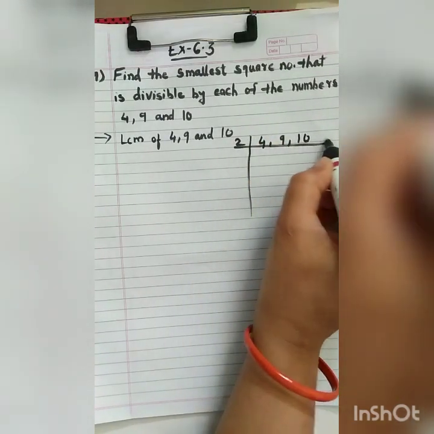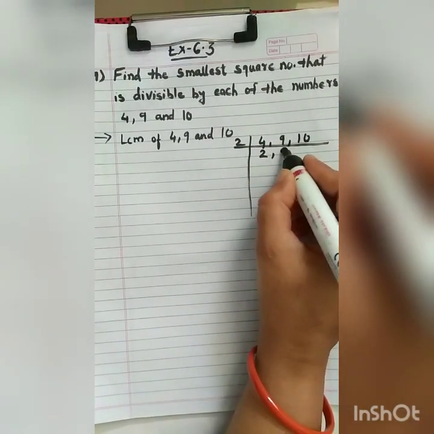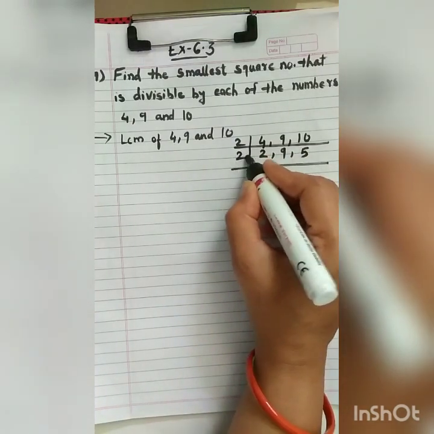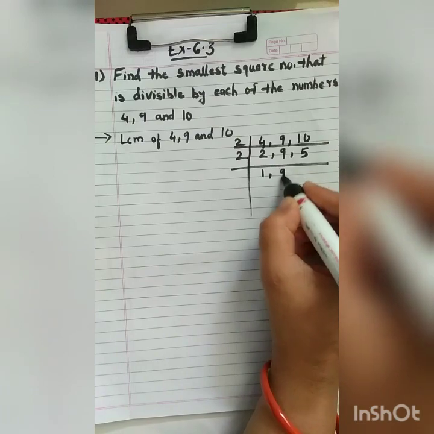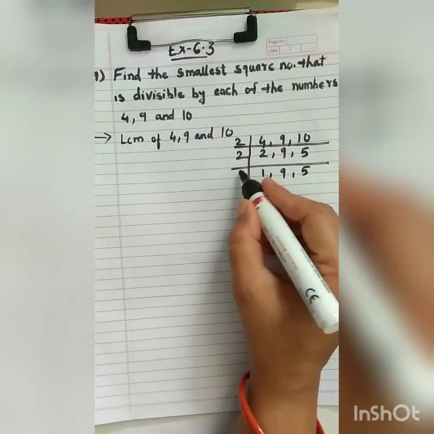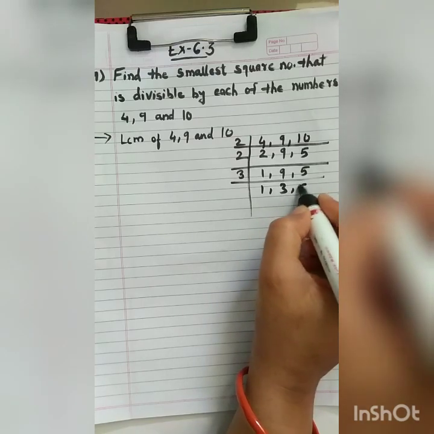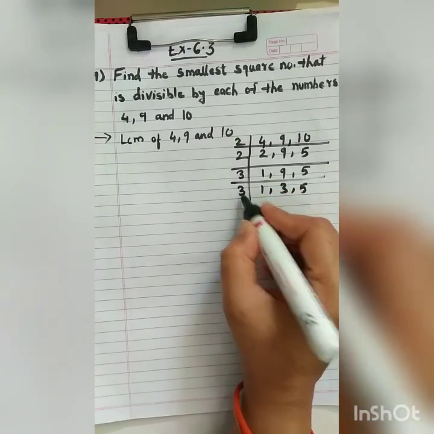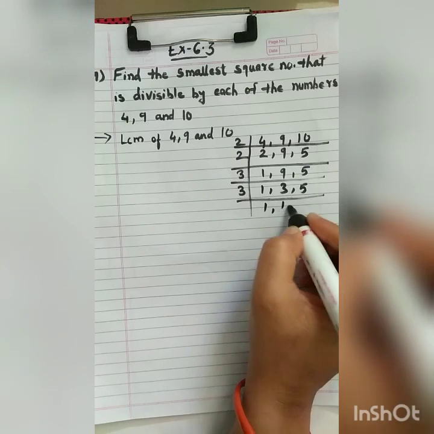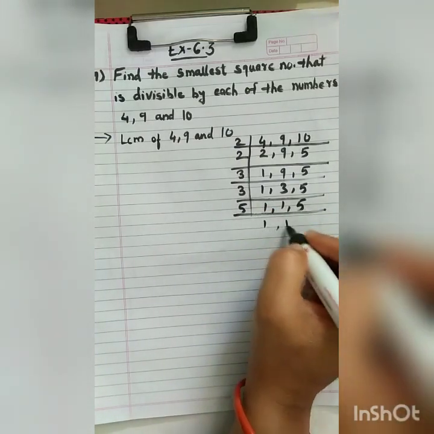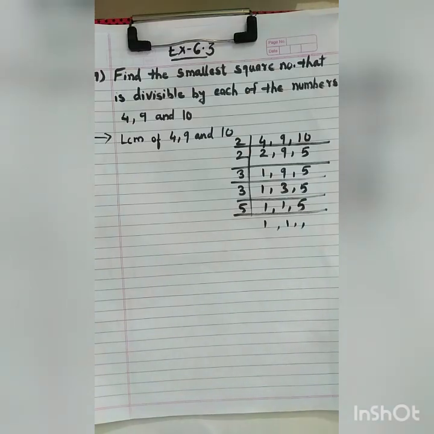By 2, it is 2, 9 will be as it is, 10 will become 5. Again by 2, it will be 1, 9 as it is, 5 as it is. By 3, it is 3, 5. By 3, it will be 1, 1 and 5. And by 5 it is 1, 1 and 1.